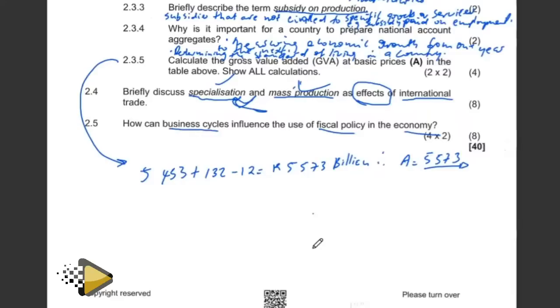So it depends whether the economy is in a drought or whether the economy is at a peak. So the moment the economy is in a drought, it means that the government has to spend more and then reduce taxation. But the moment the economy is at a peak or boom, it means that economic activities are doing very well.